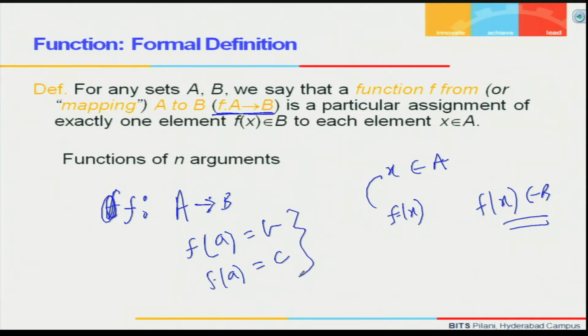This is not okay if b and c are distinct. For a function to be well defined, an element in A should have only one corresponding value in B.